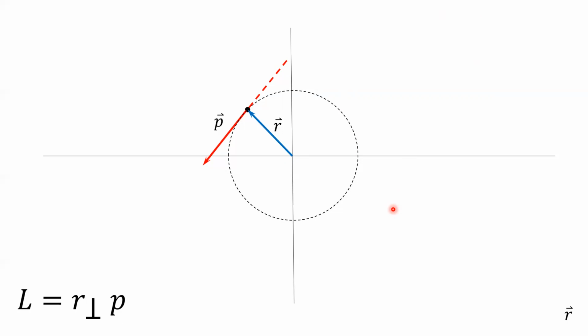And that is coming out of the page or going into the page. So for a particle moving within a plane, all the pictures we're going to look at, it's motion within a plane. Even when we talk about the motion of a planet around the sun, we'll see that it's motion in a single plane. If that's the case, then the angular momentum vector points out of the page or into the page. And it's very easy to figure out which direction.